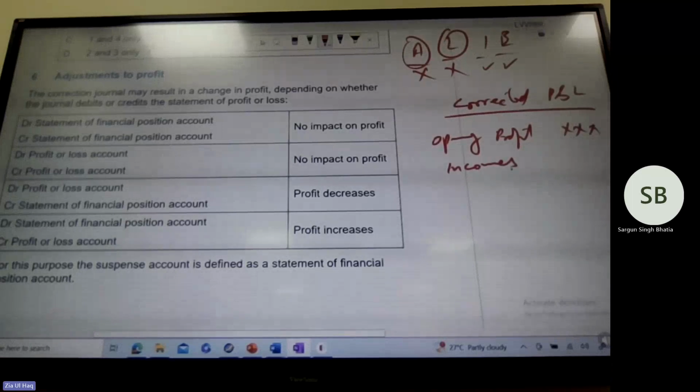Incomes always increase your profit. Income means earning, profit means earning. If you are earning more, you will have more profit. If you are spending more, your profit will go down. So in the opening profit, we need to add incomes and subtract expenses, and we will arrive at the corrected profit.